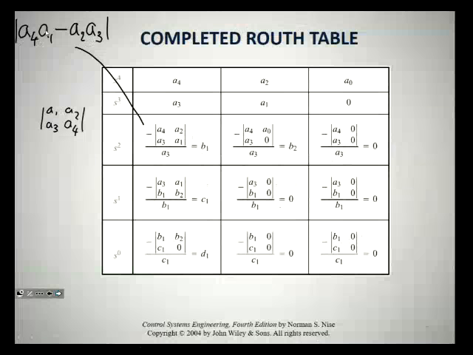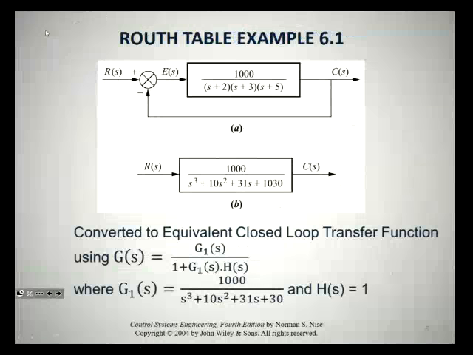Okay, so if we carry on, I think there's an example here. We're not going to go into how you get from there to there at this point. I think I did show you that, but it's that G over 1 plus G equation. In fact, it's quite easy for a unity feedback because when you multiply that out, you get a single number by itself, and then you just add it to the top line.